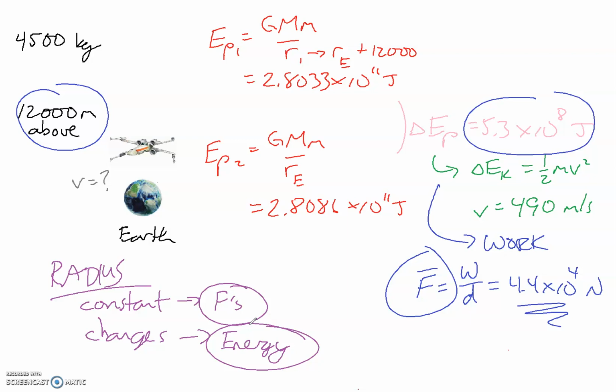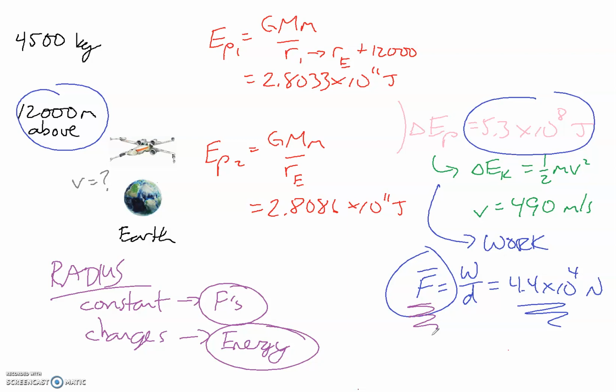So constant radius is probably GM over r squared equals v squared over r, orbit type stuff. But if that radius is changing, even if it asks you for force, don't get suckered into using mv squared over r or GMm over r squared. If the radius is changing and it asks for force, almost guaranteed you need to be using energy for that. It's a lot easier, a lot more efficient, it just works so much better.